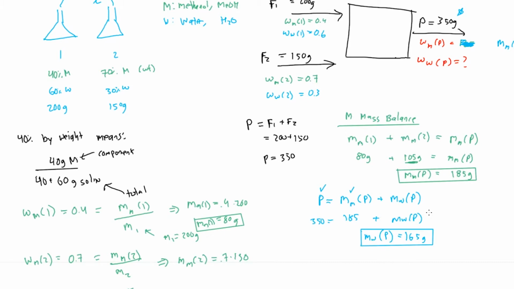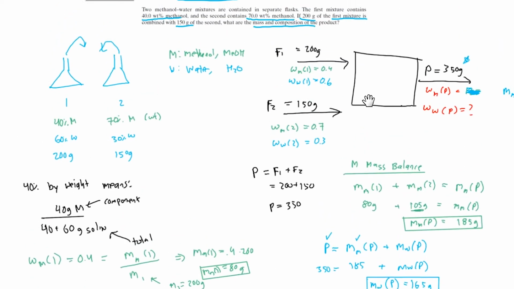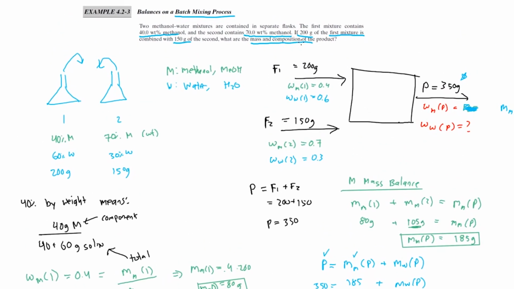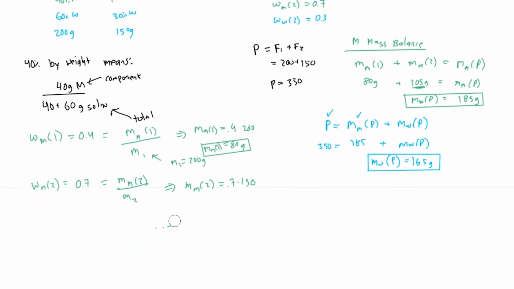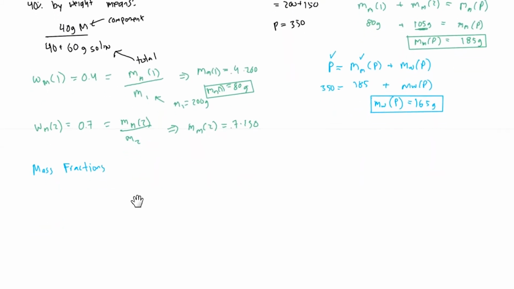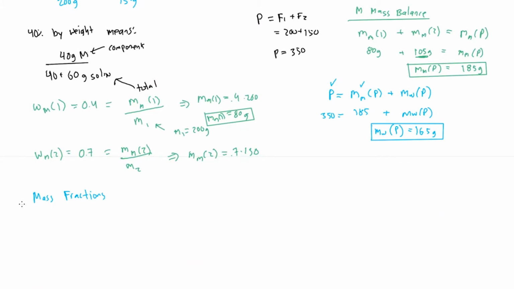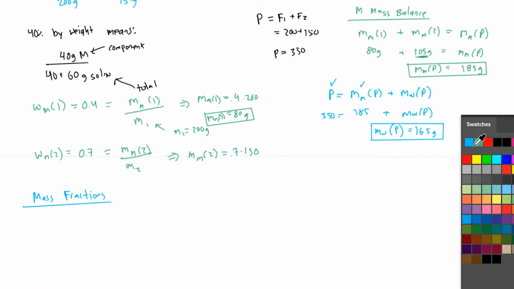Easy, right? And now we want to solve for the compositions. So the mass and the composition, the mass we just solved for, that's the mass, but the composition means what's the fraction. So all we have to do, one more time, is solve for the mass fractions. So let's do the methanol again.